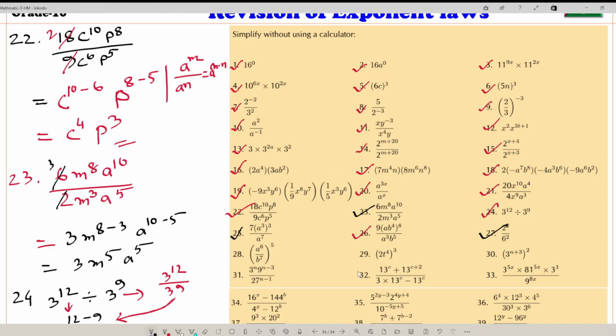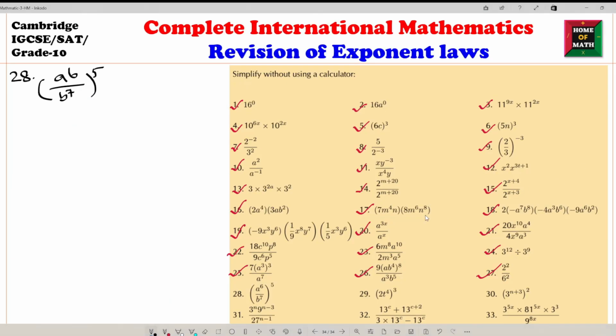So now number 28. (a^6 divided by b^7) whole to the power 5. So this one, a^(6 times 5), and here b^(7 times 5).